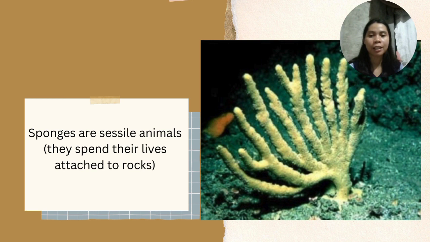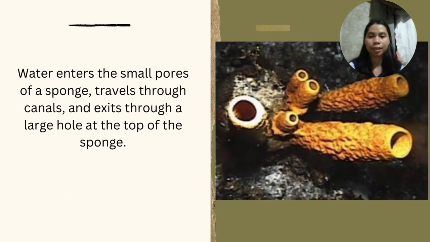Sponges are sessile animals. They spend their lives attached to rocks. Water enters the small pores of a sponge, travels through canals, and exits through a large hole at the top of the sponge. Poriferans don't have mouths.